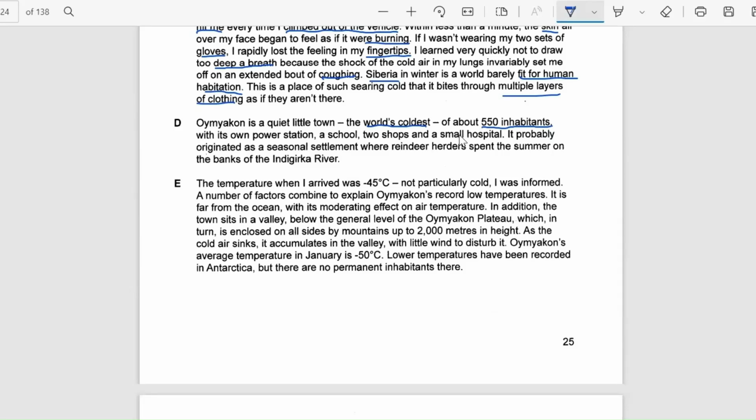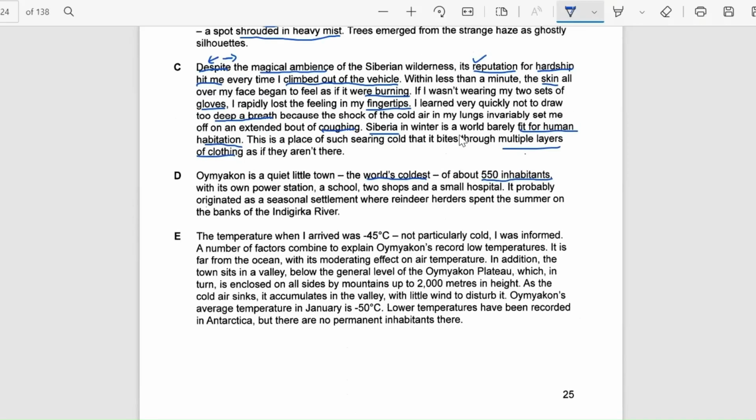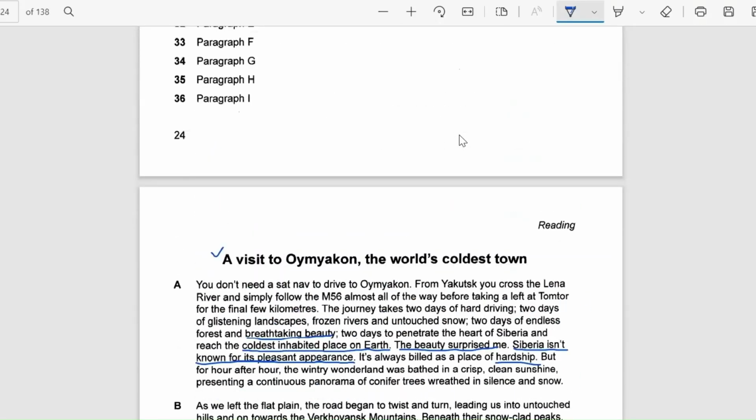And it says it has its own power station, a school, only 2 shops, and a small hospital. It probably originated as a seasonal settlement. Okay, so this is how it came into being. So now what is this paragraph D trying to tell us is there are not too many things available, and it's the world's coldest place, and there are very few people who live here, and all that is mentioned.